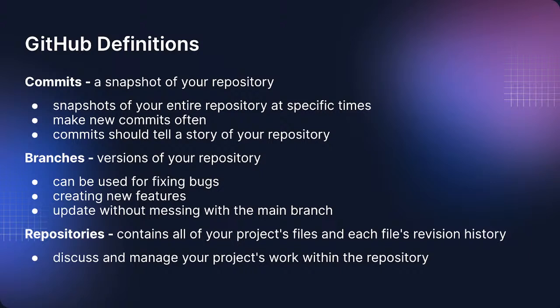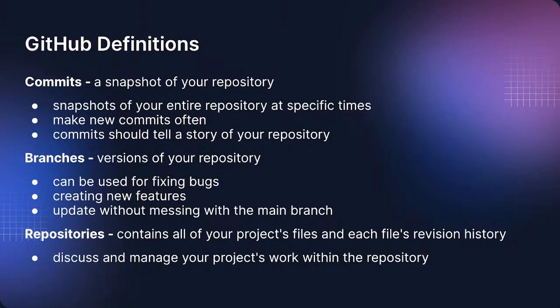All these branches are essentially different versions of your main repository, which is your code base, that allow you to change things and work with the entire thing at once and make commits independently without messing with the main branch, because the main branch is the one that everyone else can see, and these other branches are the ones that are maybe a little buggy or have different things with them.